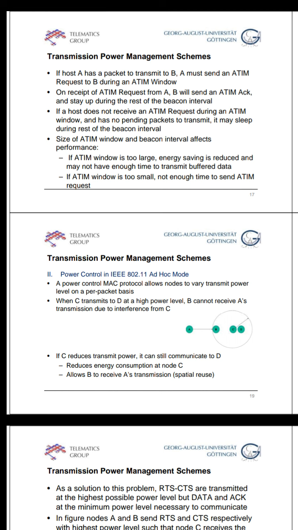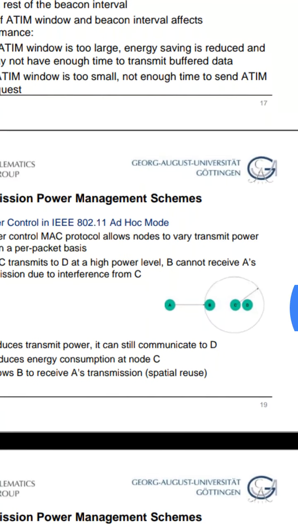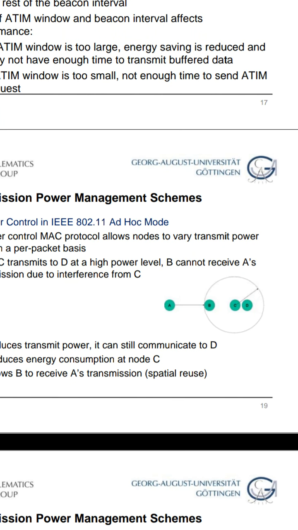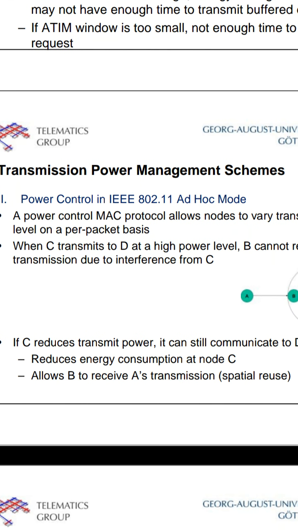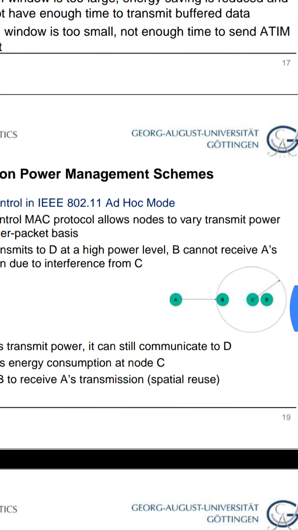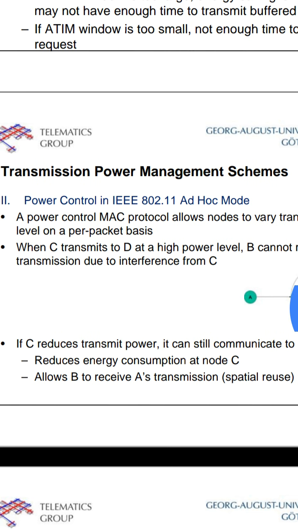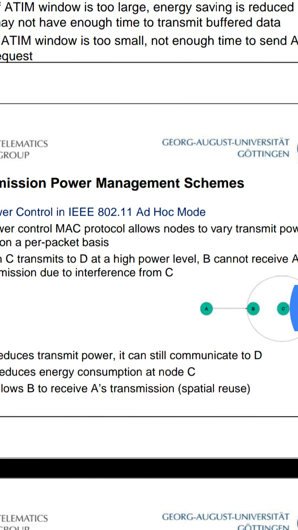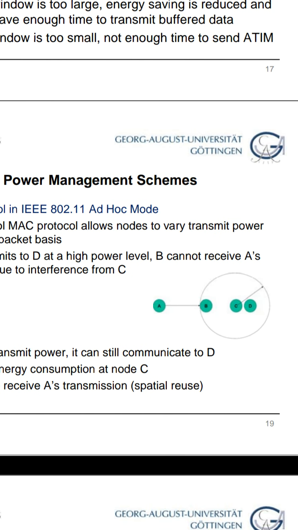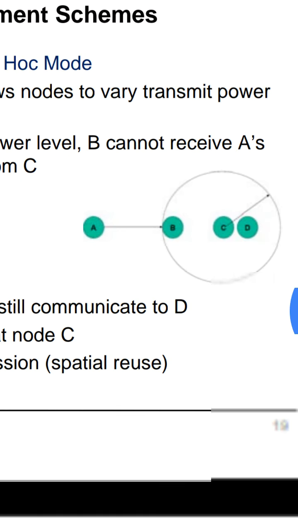Next, the power control in IEEE 802.11 ad hoc mode. A power control MAC protocol allows a node to vary transmitter power on a packet by packet basis. Suppose C and D transmit data using high power; then B cannot transmit data to A at that time.